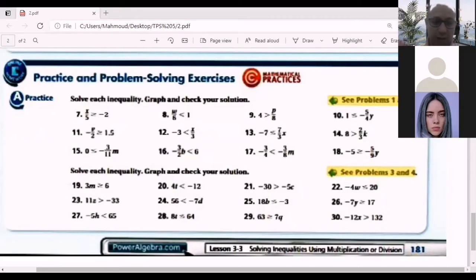Okay. Now we have a competition about how we can solve inequalities by multiplication and division in a quiz here. I will send the link in the chat. Just join it and write your name.